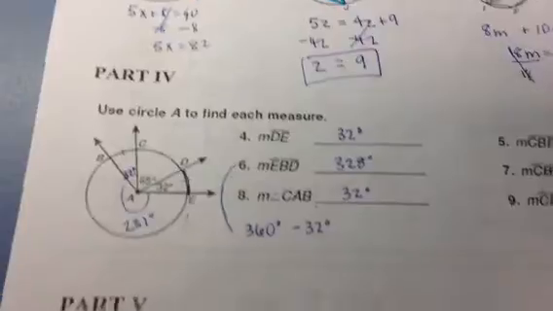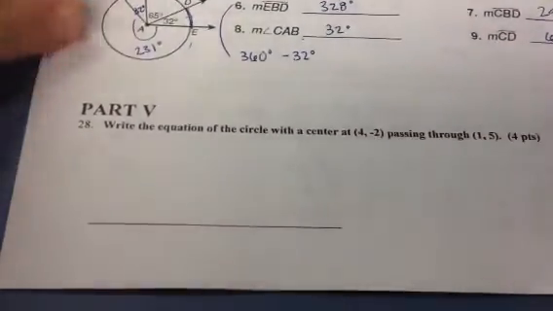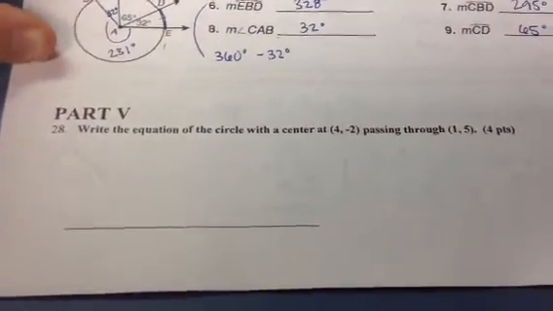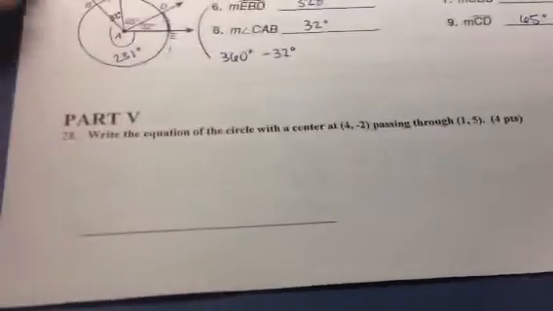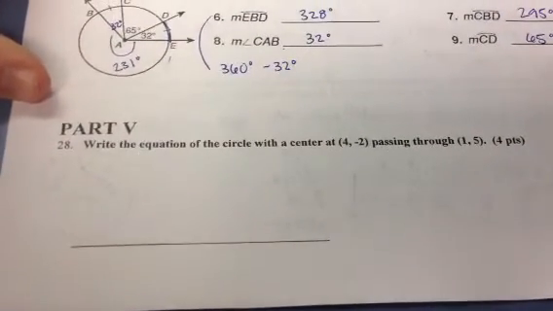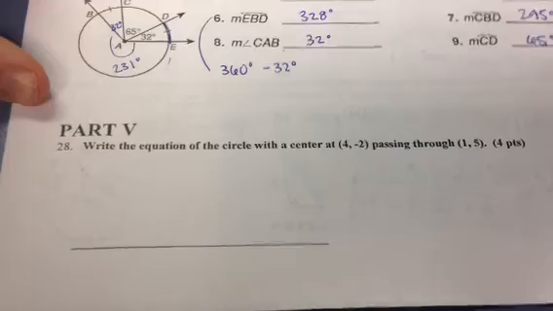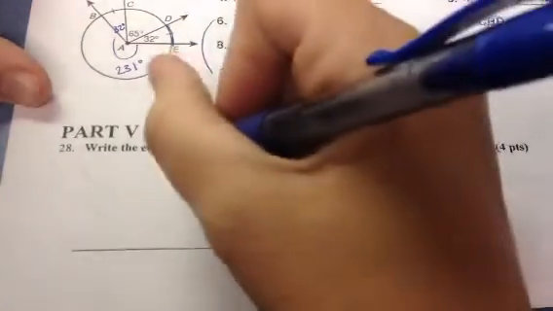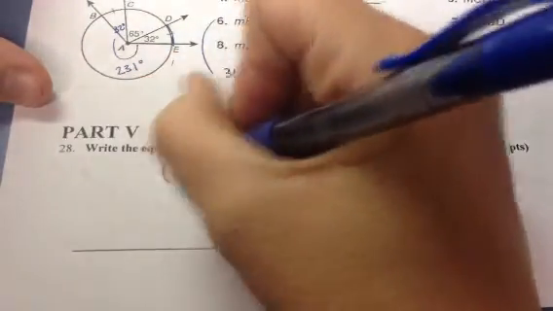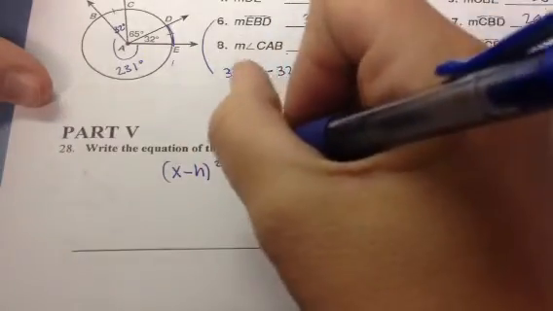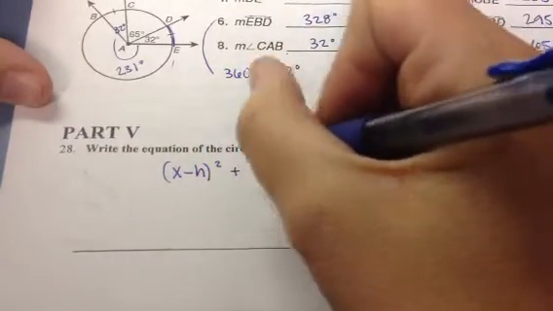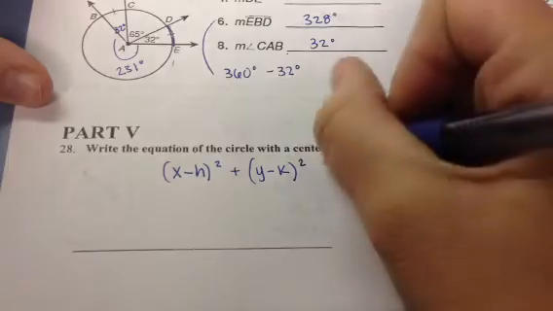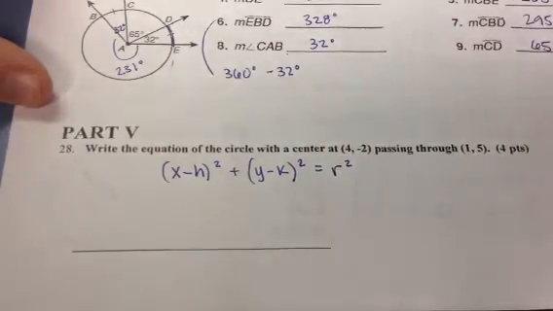All right, part 5, write the equation of a circle with a center at (4, -2) that passes through point (1, 5). So actually if we go back to the equation, we know it's (x minus h) in parentheses squared plus (y minus k) in parentheses squared is equal to the radius squared.